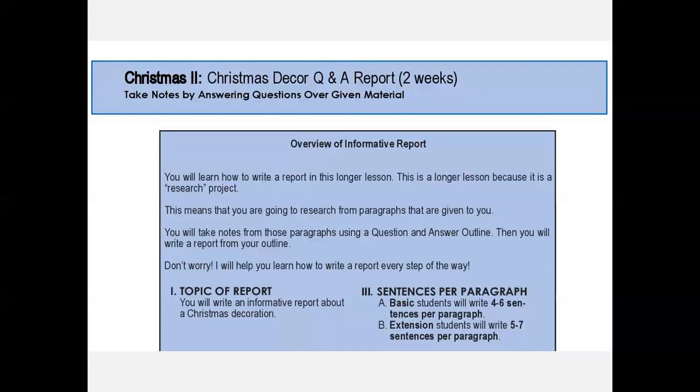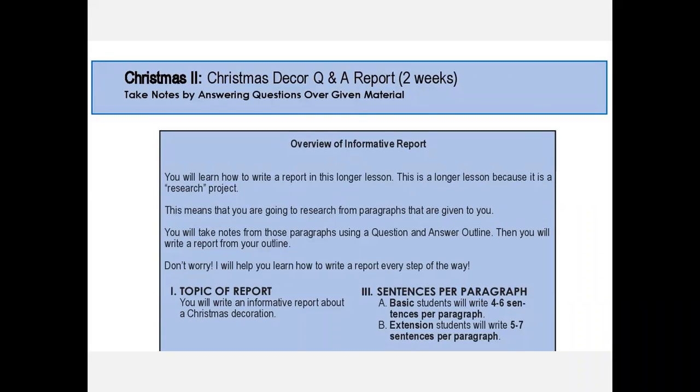And this is obviously an excellent project for main idea, for details, for, in some cases, cause and effect, and obviously, if they want to put more information, for inference. So all levels of reading comprehension skills are involved, but then turning those answers into their own writing is really the final goal of a Q&A outline.